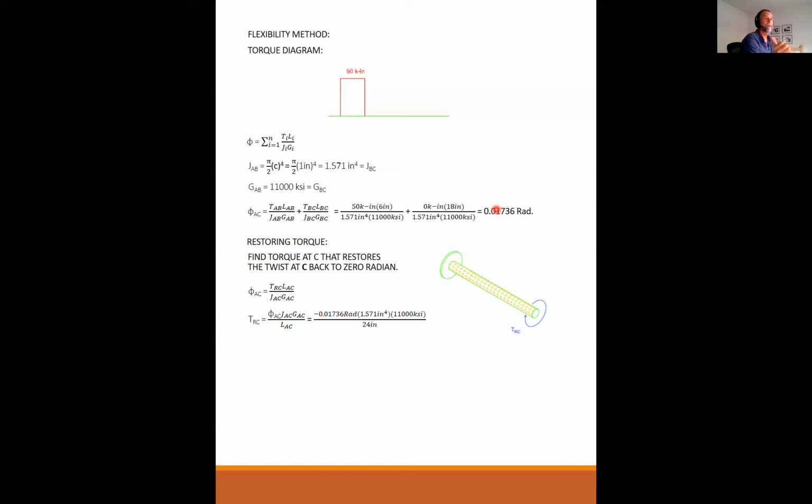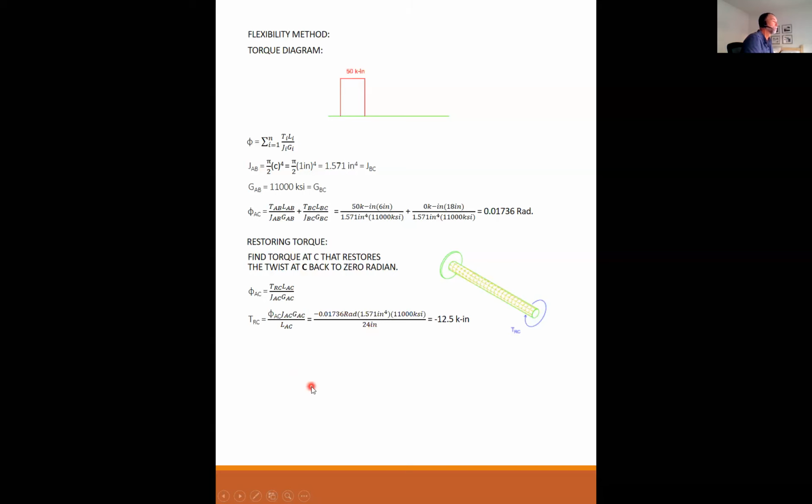If I stick my thumb out from the face of the cut and curl my fingers in the positive direction, the rotation, the twist to get back to 0 is the opposite. So that has to be a minus 0.01736 radians to bring it back to 0. Times 1.571, 11,000, and the total length from A to C is 24 inches. So the restoring torque is minus 12.5 kip-inches.